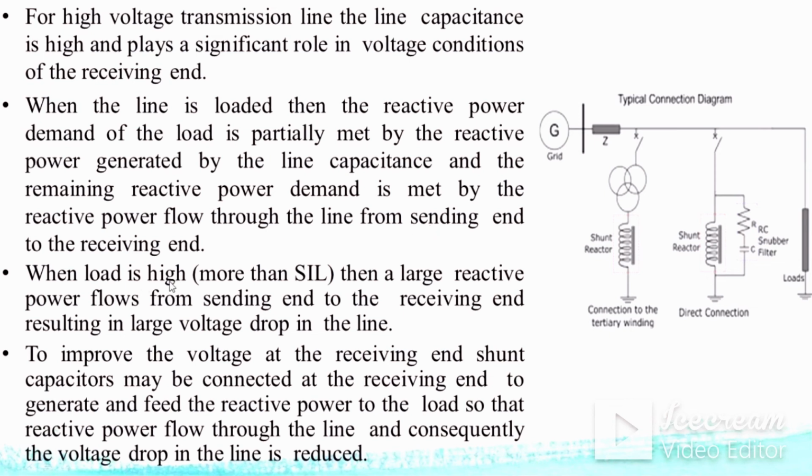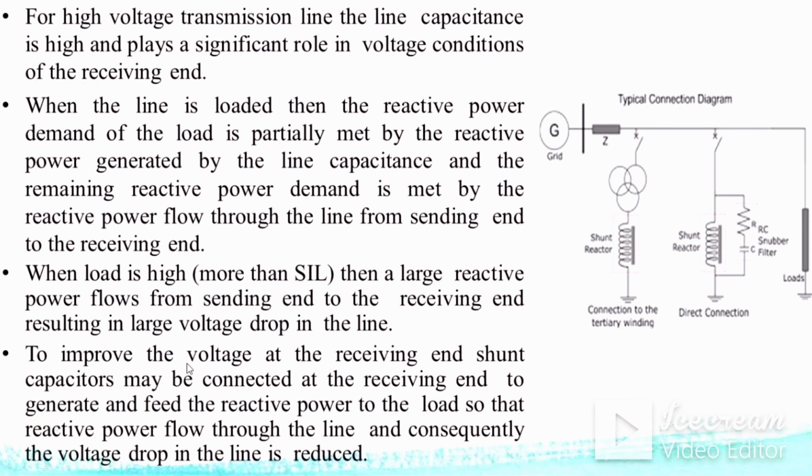So when the load is very high, that is more than the surge impedance loading, the point when reactive power is almost equivalent to the active power, that is, more than the SIL condition, then a large reactive power flows from the sending end to the receiving end and thus results in a large voltage drop in the line.